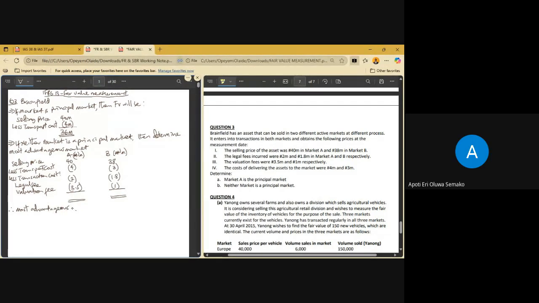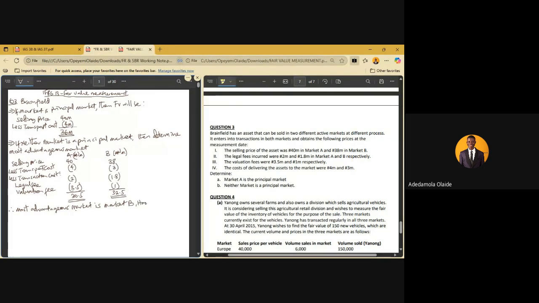Market A, 30.5. What about market B? 32.5. So which one will be our most advantageous market? Market B, because it gives us a value higher than that of market A.